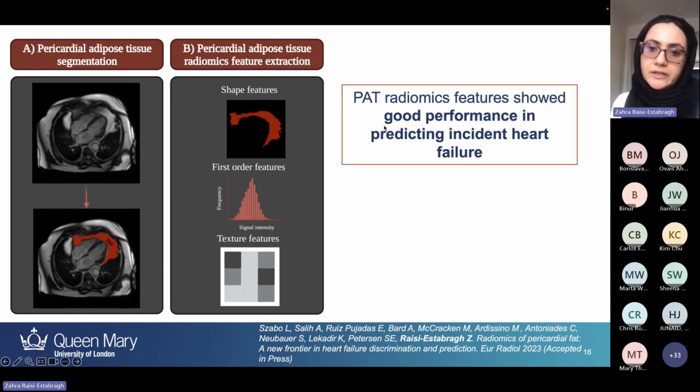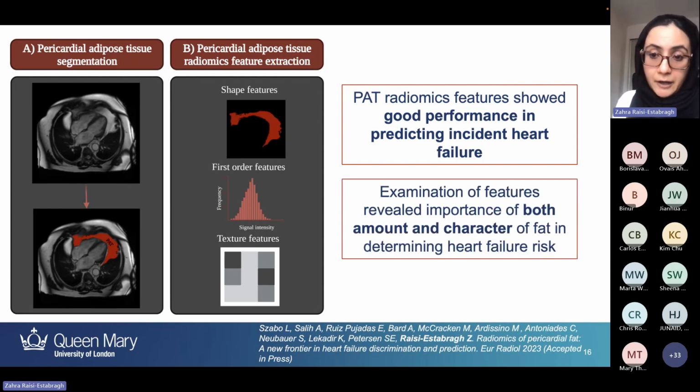This analysis demonstrates that models using pericardial adipose tissue radiomics showed good performance for prediction of incident heart failure. And then we examined which features within the model were important in driving our outcome. And in doing so, we demonstrated that it was both the amount of fat as well as its character that seemed to be important in relating to heart failure risk.